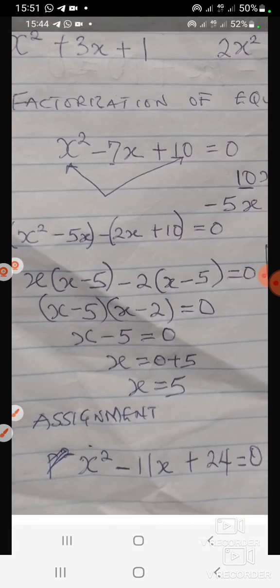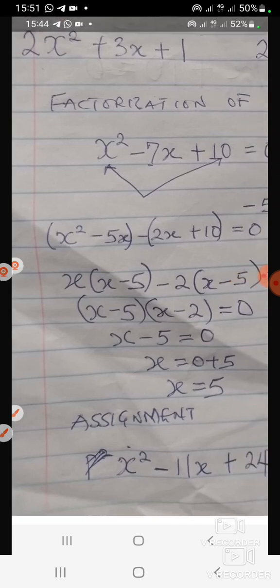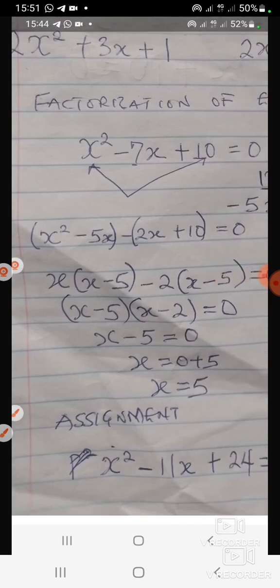Now, when you look at that, you look at the factor, what is common between x squared and 5x, you discover that is x, you bring it out, and what remains in the bracket is x minus 5. When you look at 2x plus 10, you discover that the factor between 2 and 10 is 2. So you bring the 2 out, and what you left there is x and 5.